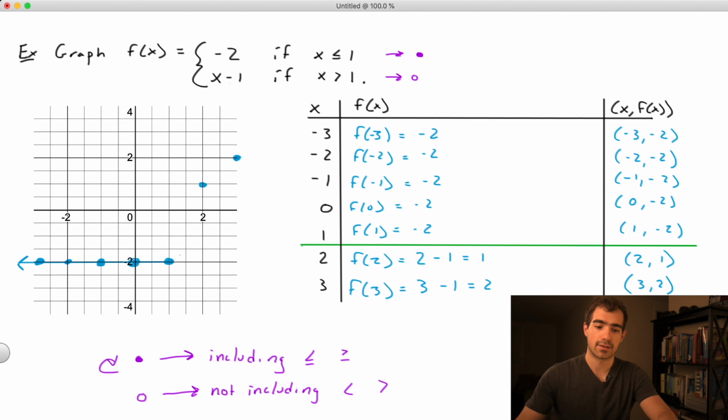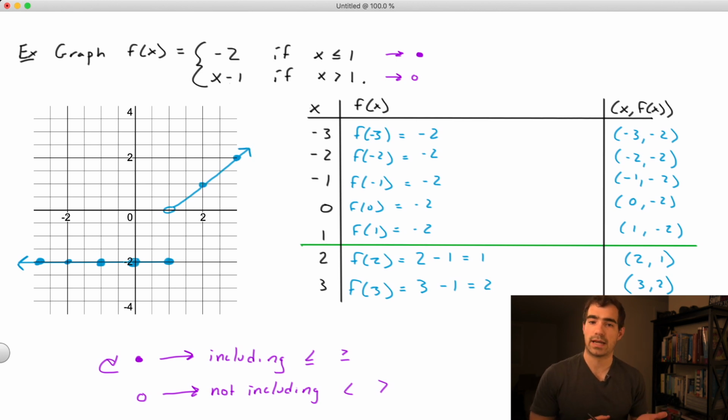And so we've got the closed circle here, but at 1 we have to make sure we put the open circle, right? And so what we're going to do here is follow the same trend of this line all the way to 1 and leave our open circle here. And then we can extend this out with an arrow in this direction.